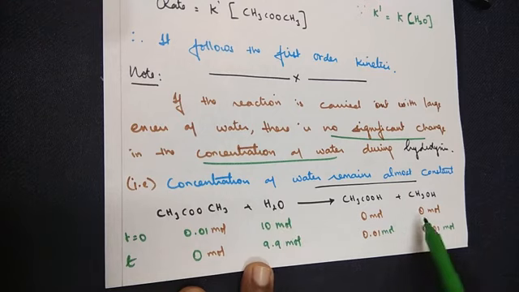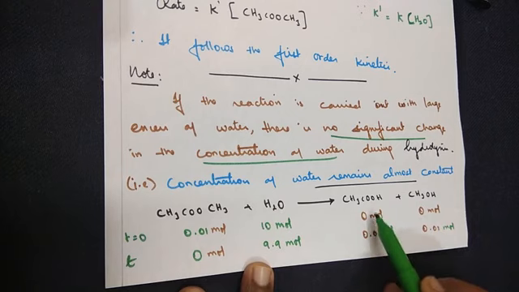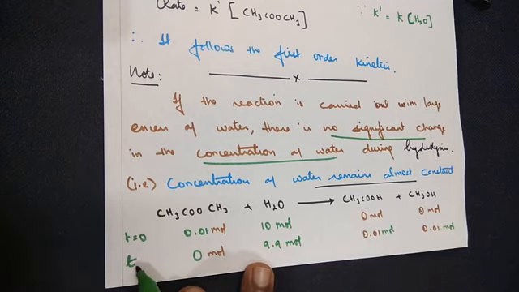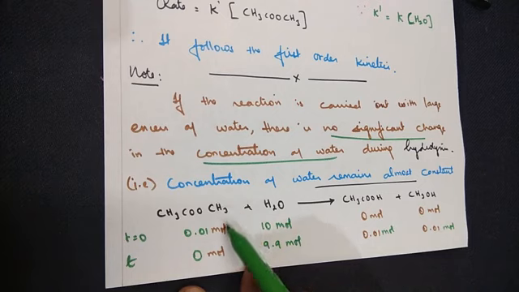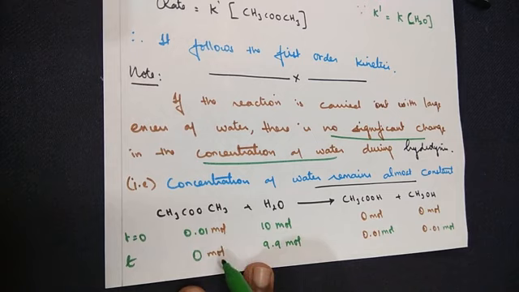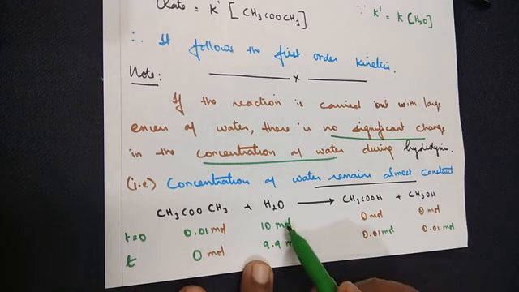Since the product is not yet formed because the reaction has not yet proceeded, acid and alcohol have 0 mole concentration. After some time, for a spontaneous reaction, there should be a decrease in the concentration. So from 0.01 mole, the ester concentration has decreased to 0 mole. Similarly, from 10 mole, the water concentration has decreased to 9.9 mole.